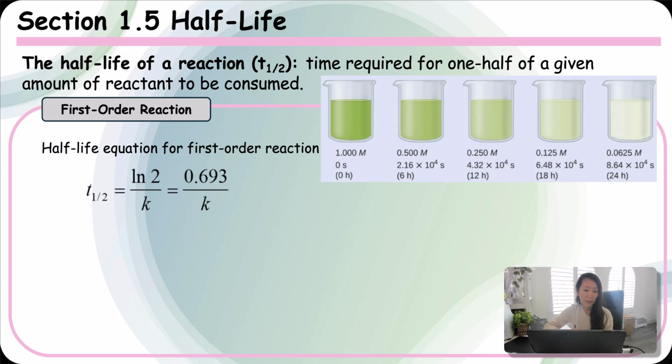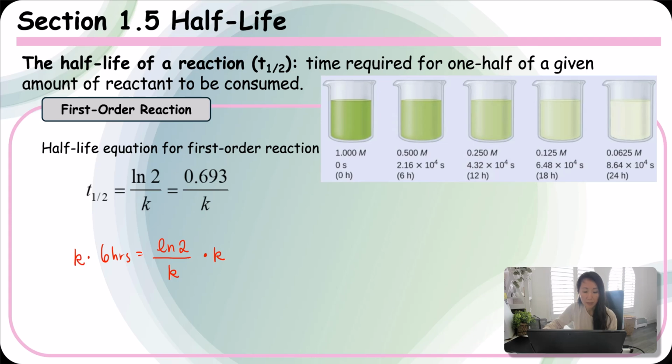So we know that in order to find, say, the k value, and we know the half-life is 6 hours, we can find the rate constant pretty quickly. So say 6 hours is equal to ln of 2 over k. Well, if I want k by itself, I'm going to multiply k on both sides.